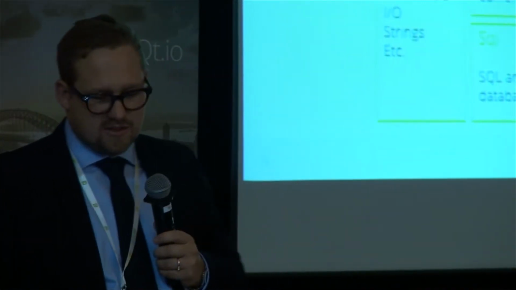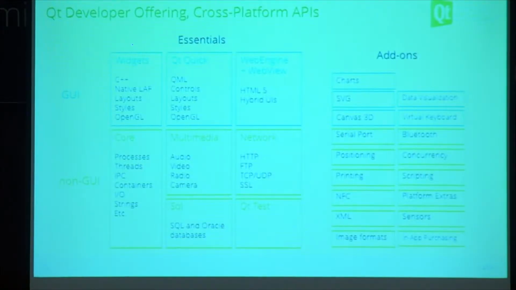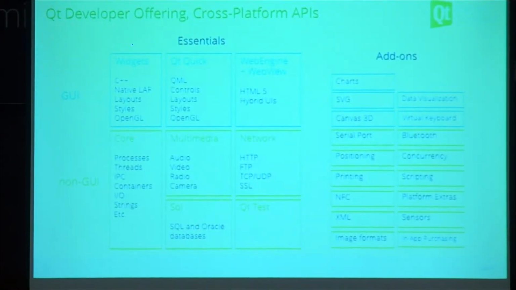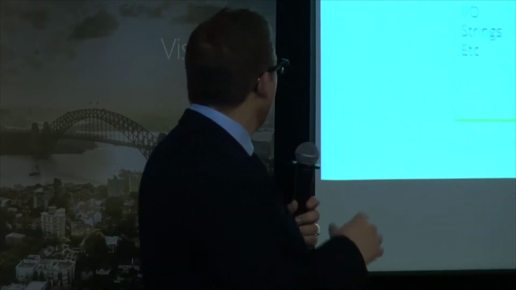So there's a lot of features available in Qt, on the GUI side, as you can see on top, but also on the non-UI related side, as you can see on the bottom. Everything that has to do with controlling your application, the process model, the threads, containers, all of these parts are also part of the Qt offering.